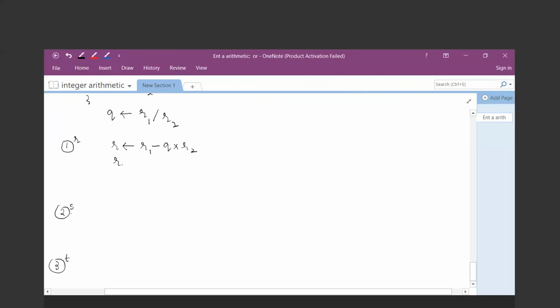And you have to update: R1 will become the value of R2 and R2 will become the value of R. Now in the second step, you have to find the value of S. So S will be S1 minus Q into S2. The same step: S1 will become the value of S2 and S2 will become the value of S.